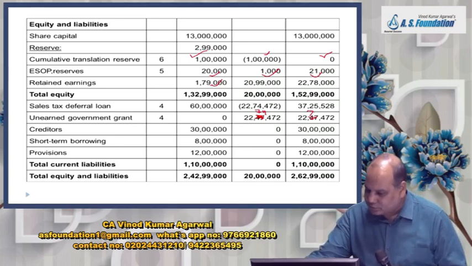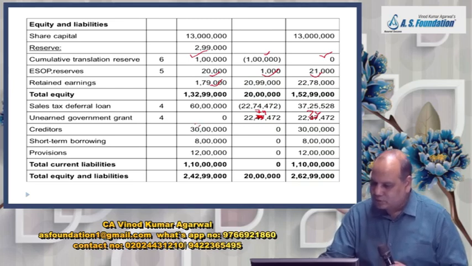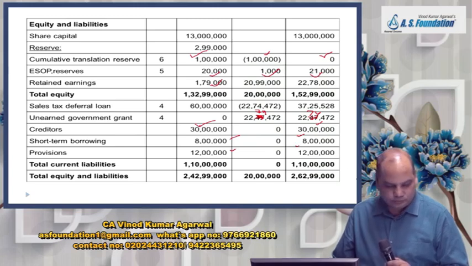Remaining items, no adjustment. Creditor, same 30 lakh, 30 lakh. Short term borrowing, 8 lakh, 8 lakh. Provisions, 12 lakh, 12 lakh.